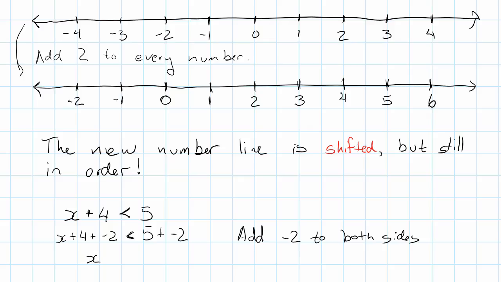So x plus 2 is less than 3. That's all there is to applying the additive property of inequality. The procedure is just like for equality, except we keep writing the same symbol that we started with.